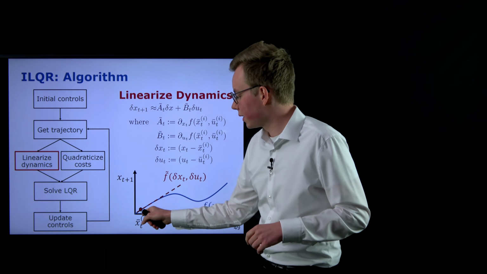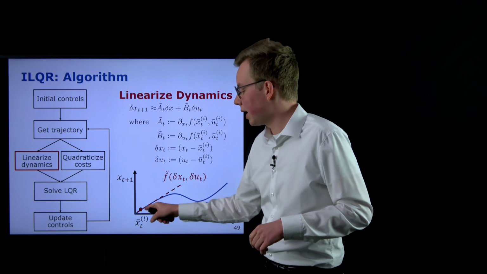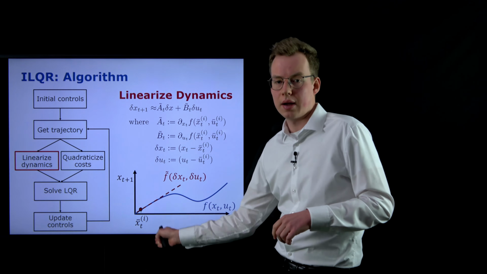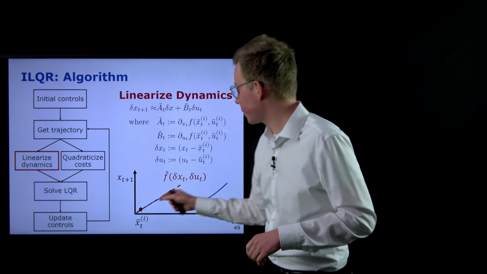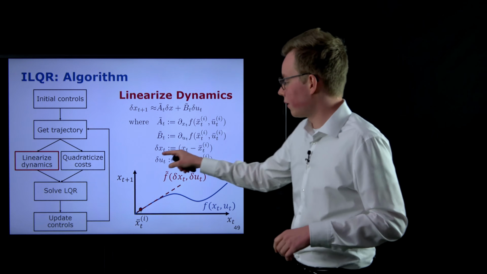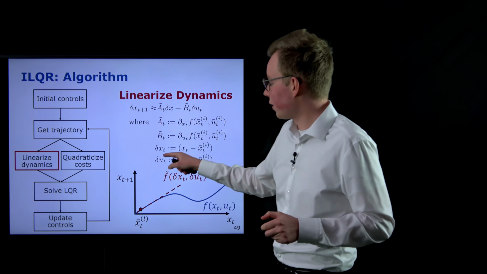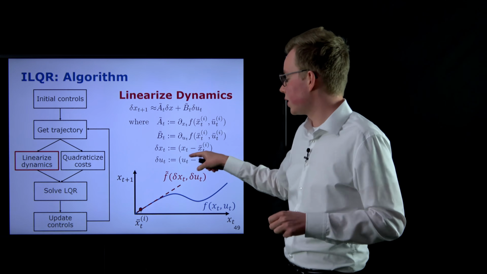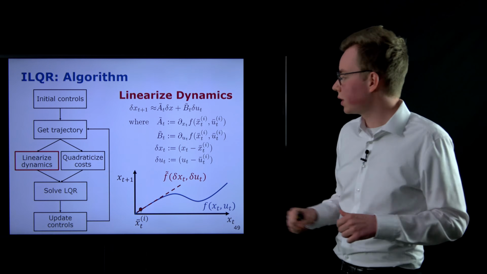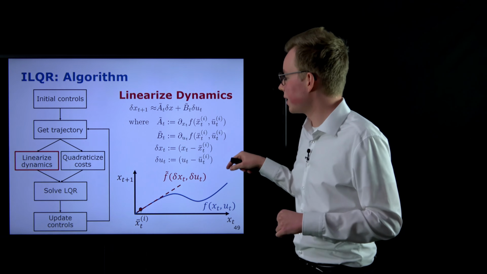So we're asking ourselves, what are the dynamics around our current operating point? And we do the same sort of centering about the operating point for the u. So delta u is just u minus u bar, which is the input at the operating point.